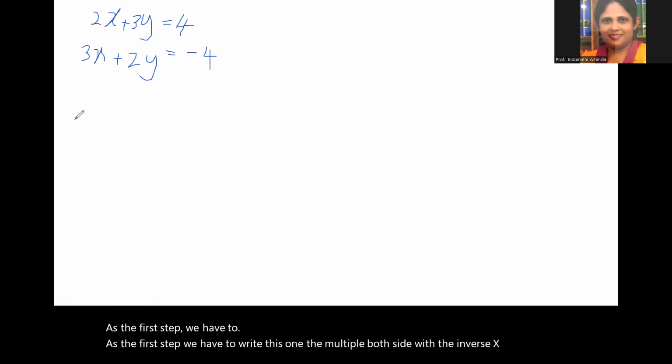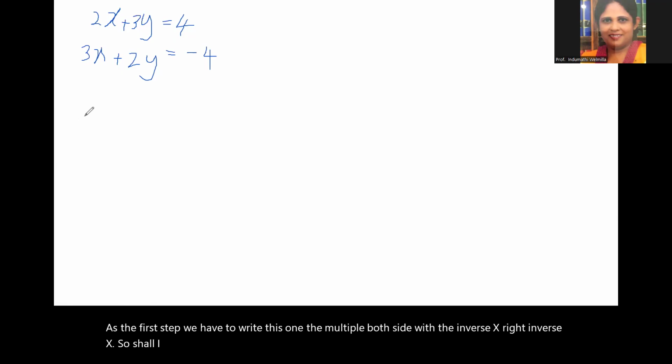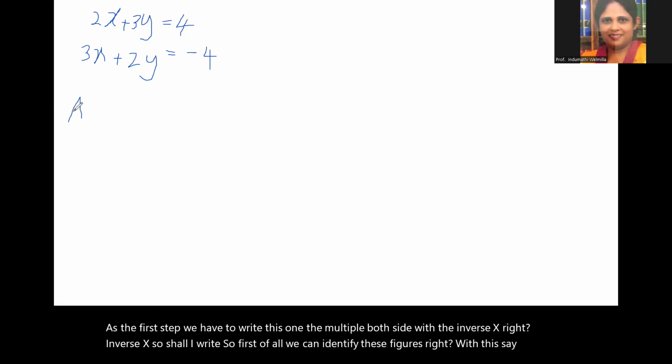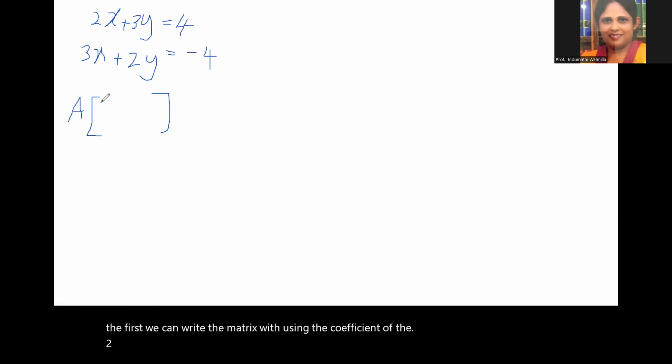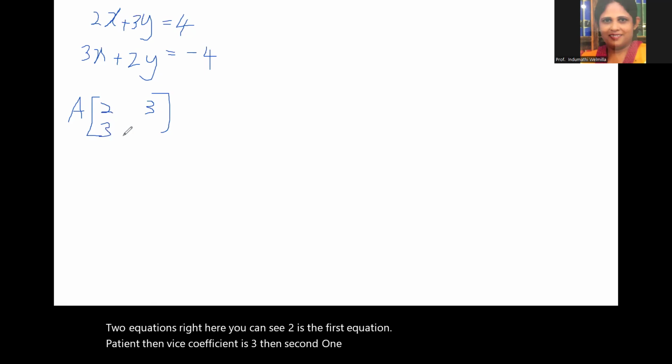But first of all, we can identify these figures. We can write the matrix A using the coefficients of the two equations. Here you can see 2 is the x coefficient of the first equation, then y's coefficient is 3. Then in the second equation the x coefficient is 3 and the y coefficient is 2.